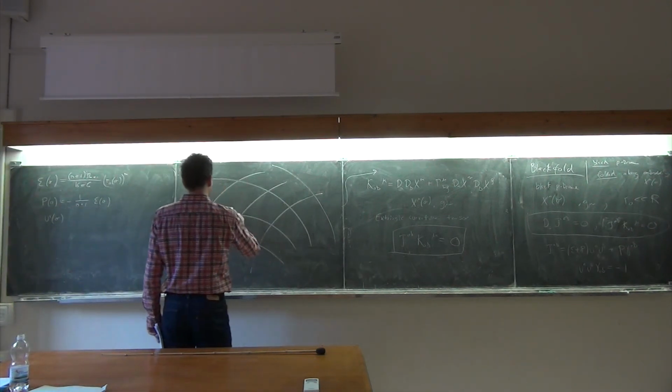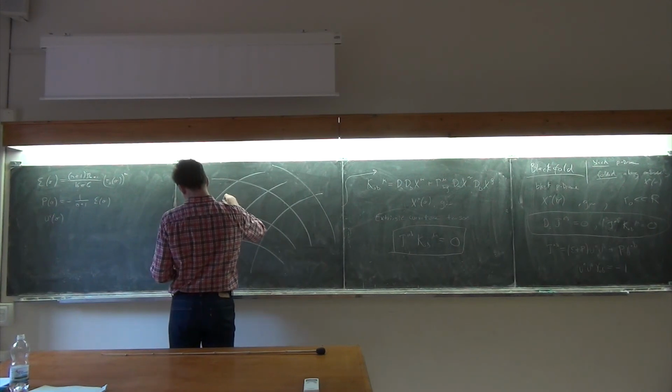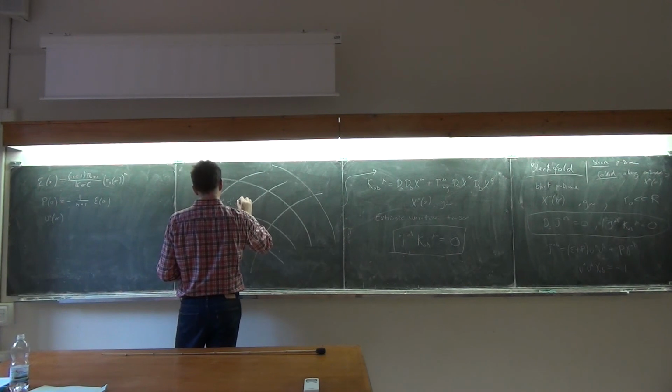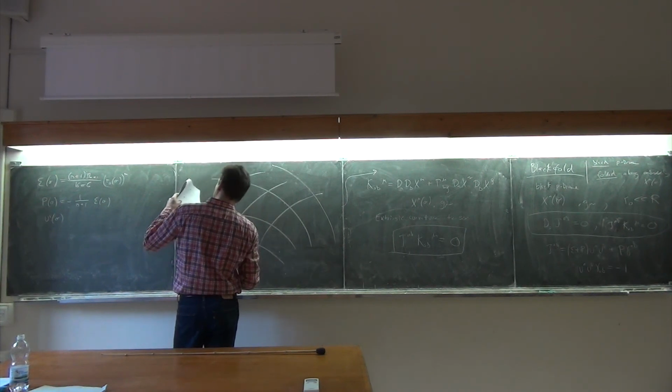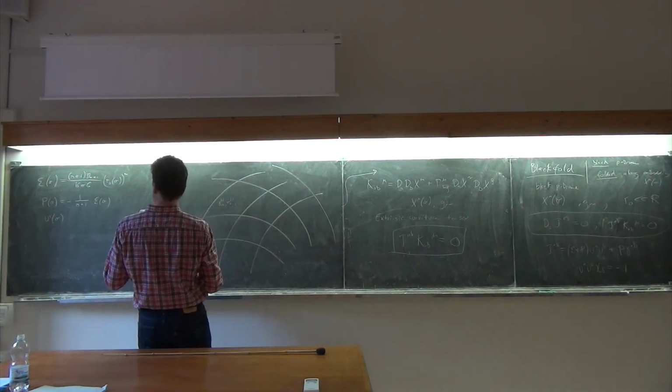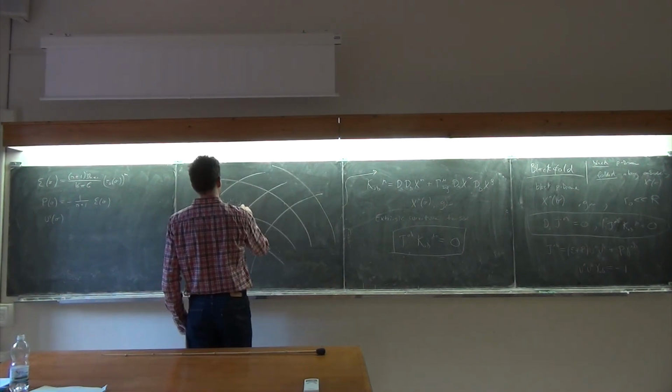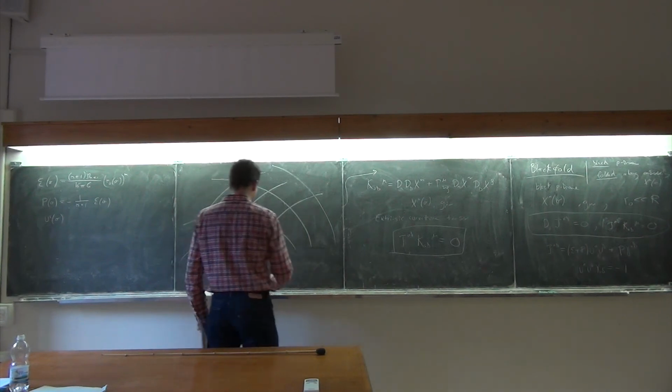So locally, you can say we have a constant R0, and we have a constant velocity u.